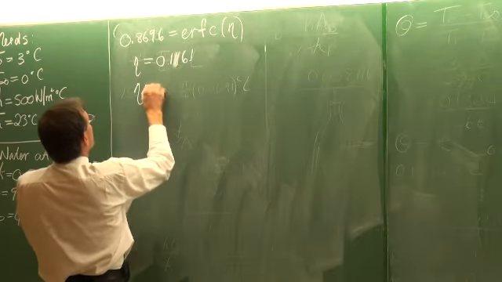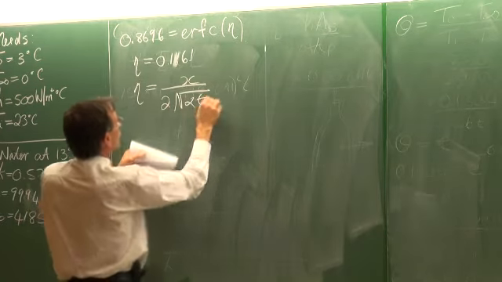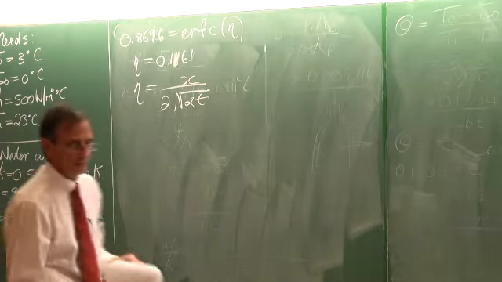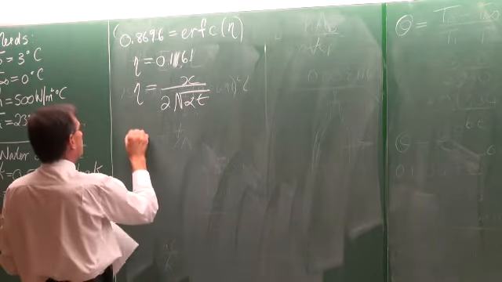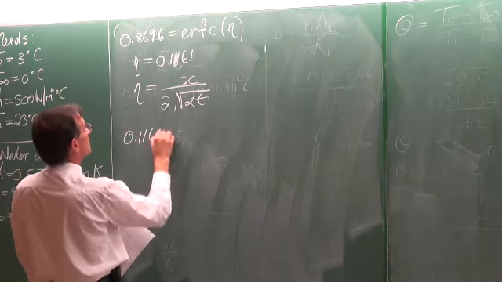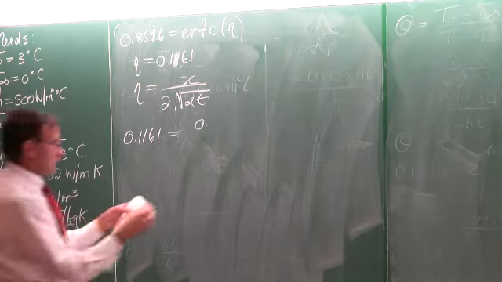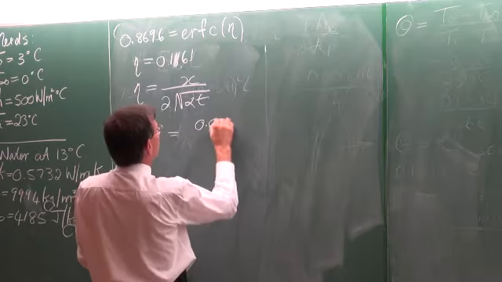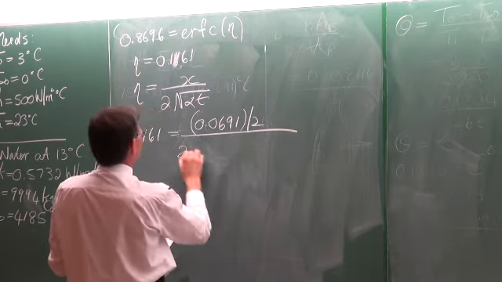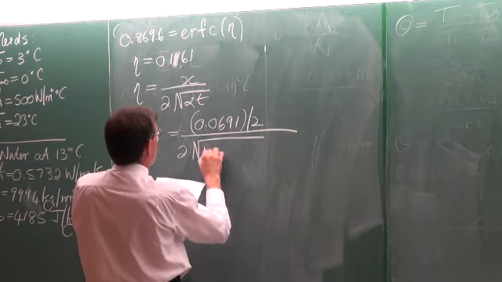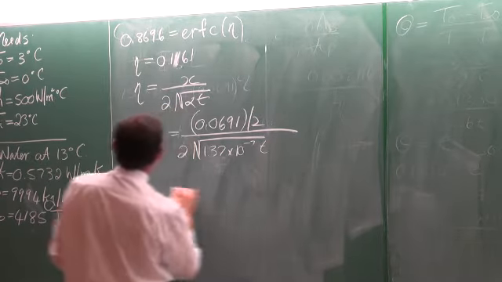What is eta? Well, eta is equal to x divided by 2 times the square root of alpha t. So the non-dimensionalized value eta, 0.1161, is equal to x, and x is at the center, which is equal to 0.0691 divided by 2, divided by 2 times the square root of alpha, 1.37 multiplied by 10 to the minus 7, multiplied by t.